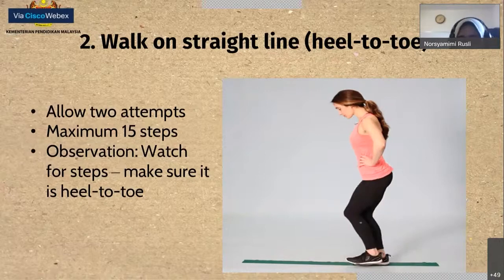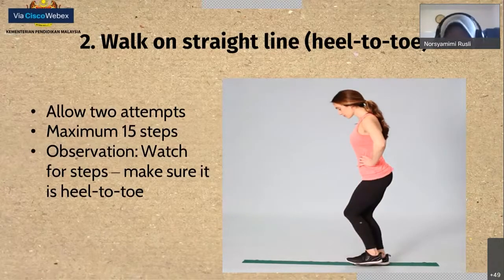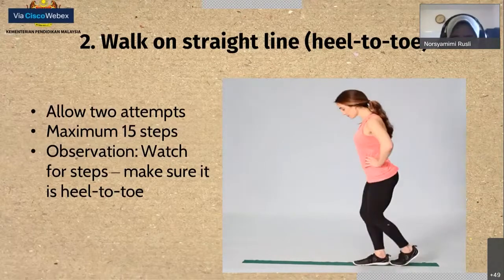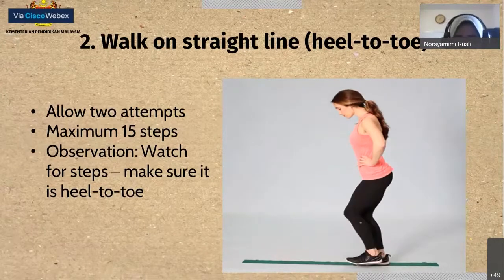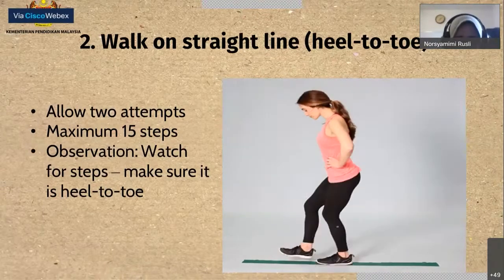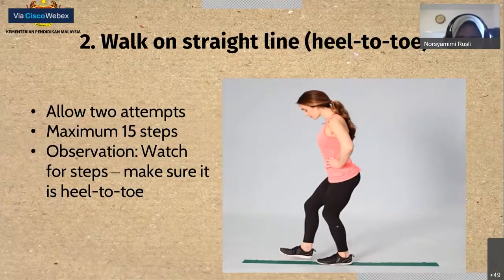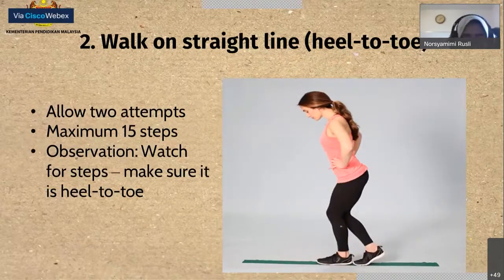Actually, for this session, it is best if we can do it together, but I'm not sure how to do it. So I think by showing this picture, it might help give you an idea of how we need to do it.